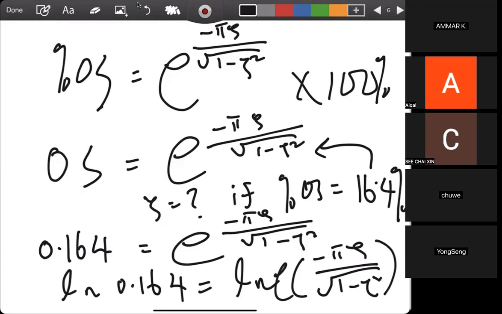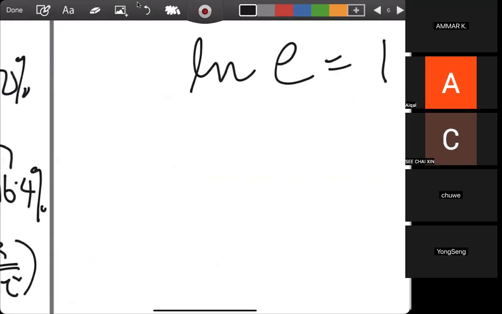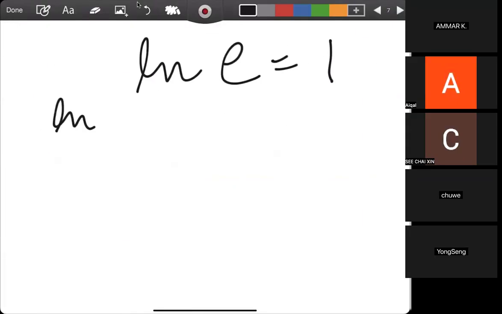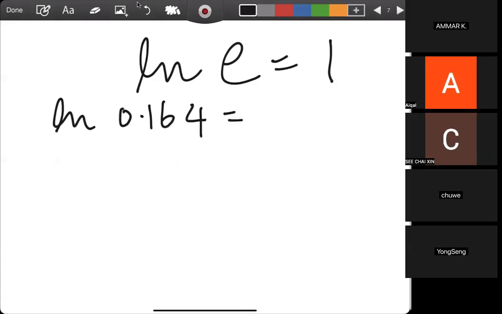Yes. So ln e is equal to 1, and ln 0.164 is negative 1.808.